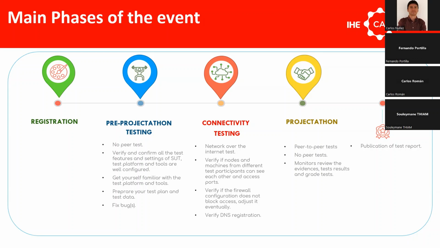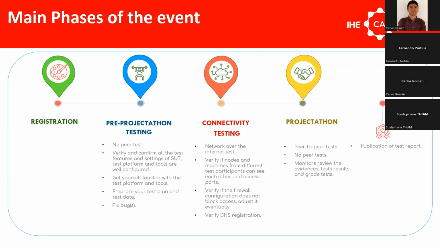The first test plan will focus on the preparatory stage. So, for example, if you register for MHD, we will provide you some tests to execute during the preparatory stage. And for each test, you will have the name of the simulator to use, the name of the validator to use, and everything to prepare yourself.